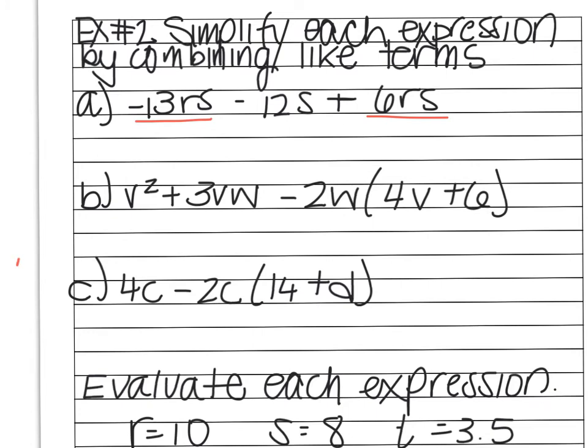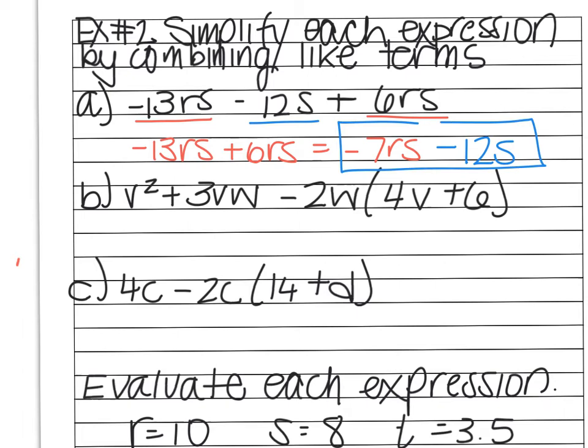So we have -13rs plus 6rs, and we get negative 7rs. And then we still have the negative 12s. So I'm just going to put this right here, negative 12s. And we cannot combine those because they are not the same variables.